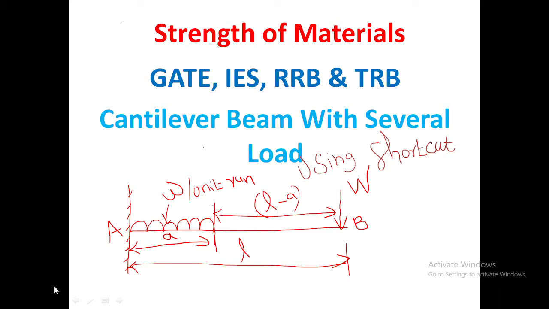Cantilever beam with several loads, problem solving using a shortcut. The cantilever beam has the end point load at B, and the fixed point is A. There is a uniformly distributed load only for some distance, and a capital W load.